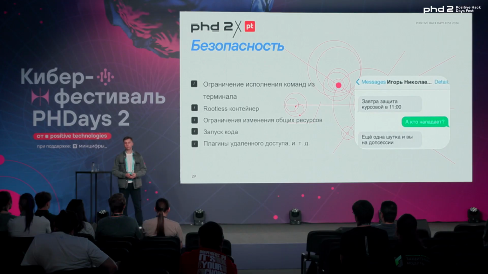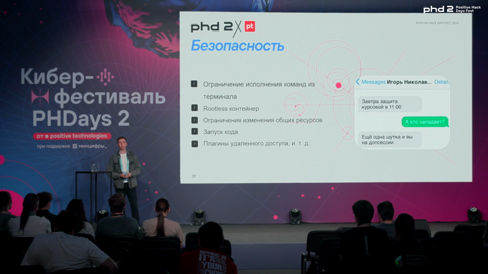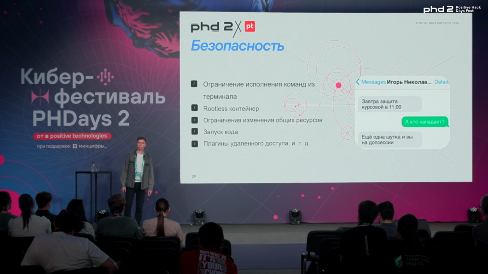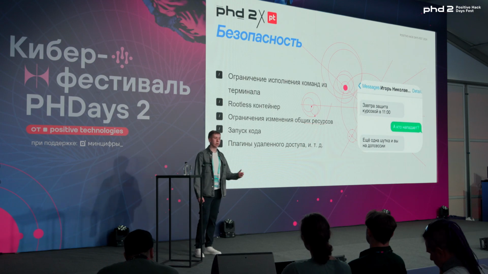Next item is a limitation of changes in shared resources. So here, naturally, I'm talking about the source code primarily. We certainly don't want regular users to be able to edit it. Code launch. Again, we need to consider what our users should be allowed to launch and what not.